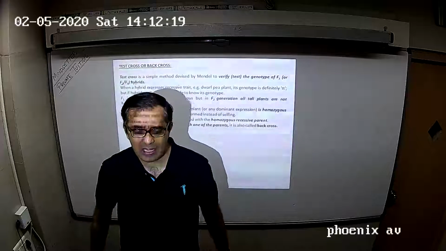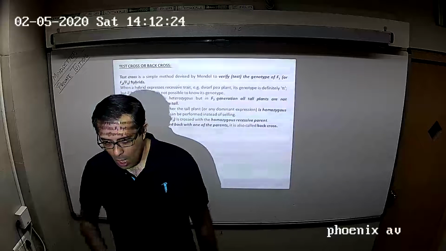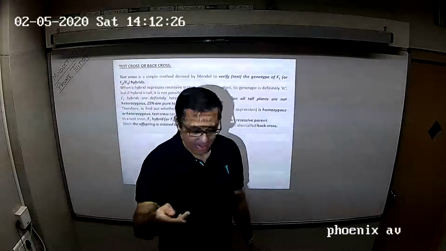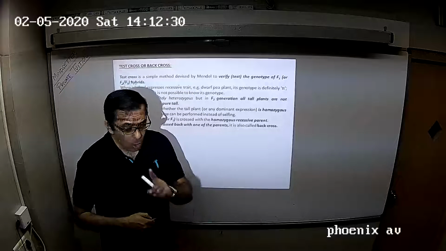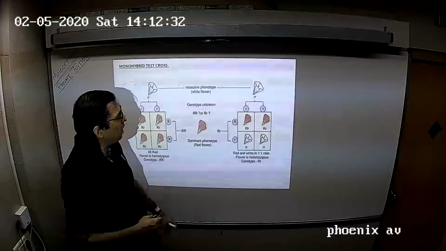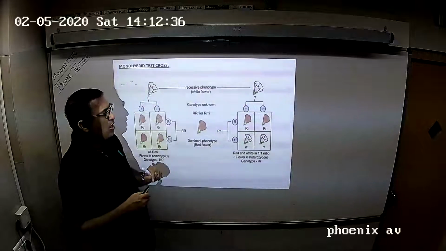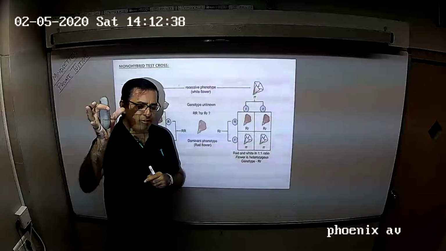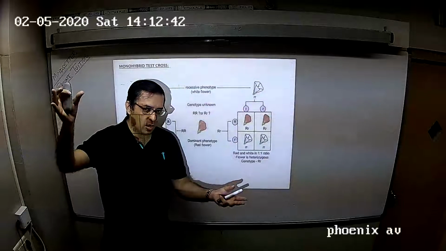That is called a test cross or a back cross. So, what will be the ratios that you will get out of it? Observe this carefully. Sir, we have an unknown genotype. Suppose we consider color of flower. So you have red color and white color.